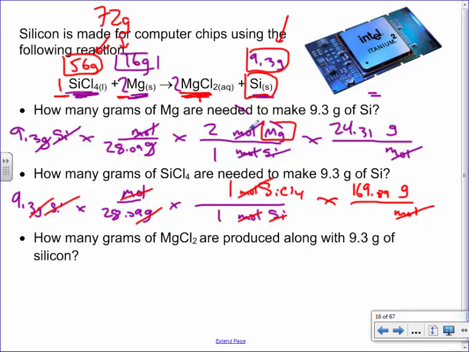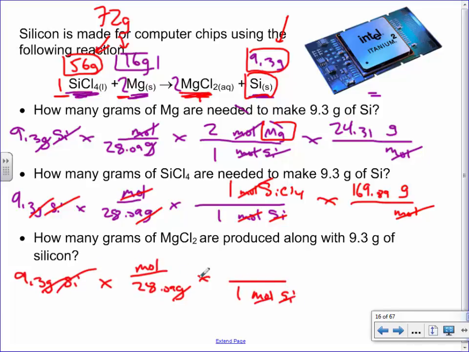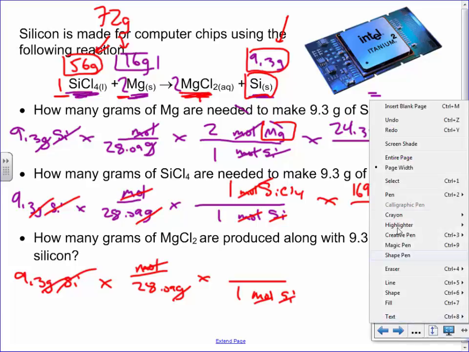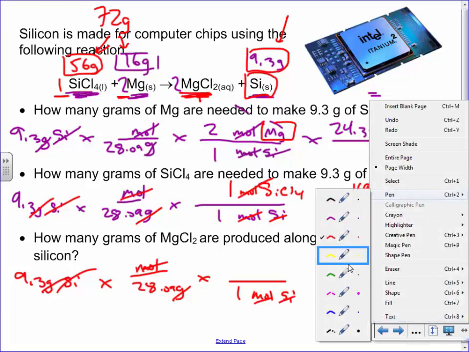Let's see whether we end up getting a large amount of magnesium chloride as a byproduct as well. So again, this is very, very repetitive. You're still starting with 9.3 grams of silicon. You're still using the molar mass of silicon. That hasn't changed. And on the bottom, there's still 1 mole of silicon. But let me change colors now, just to help illustrate the difference.